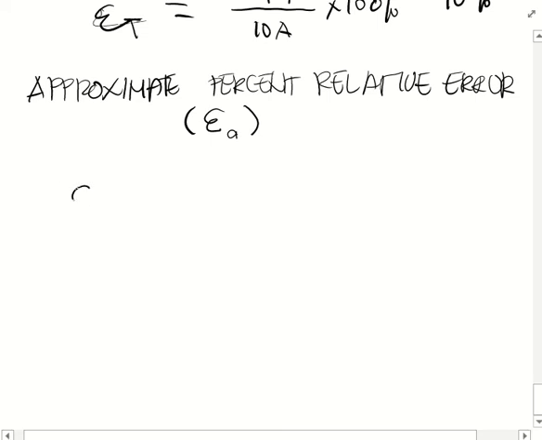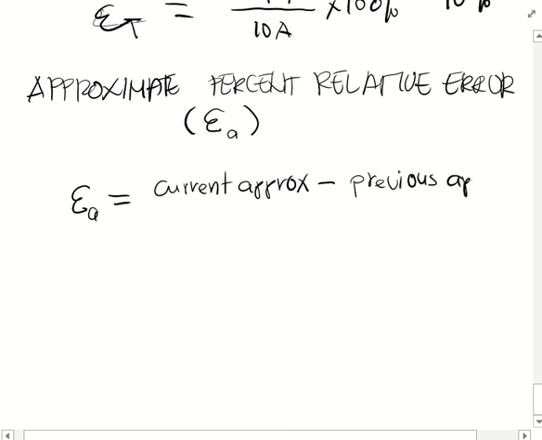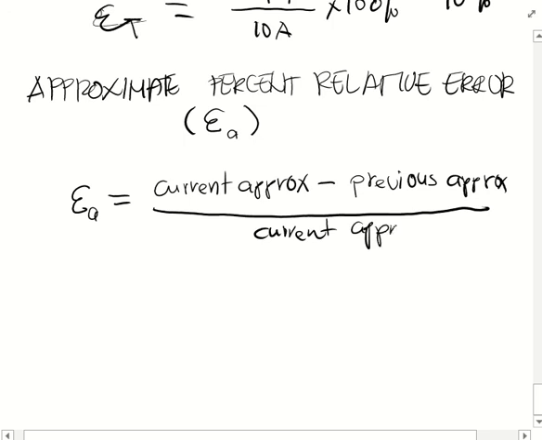To solve this one, epsilon A, the approximate error, is just equal to the current approximation minus the previous approximation, divided by the current approximation. So what's the current approximation and the previous approximation?